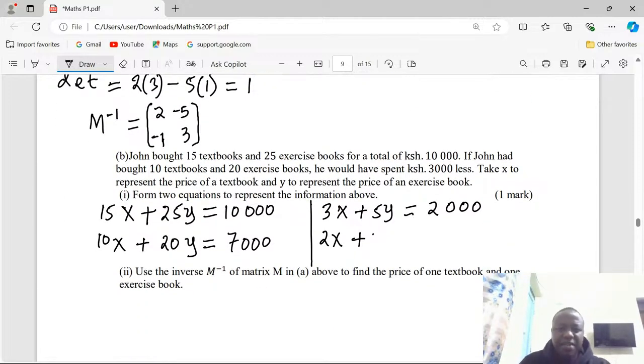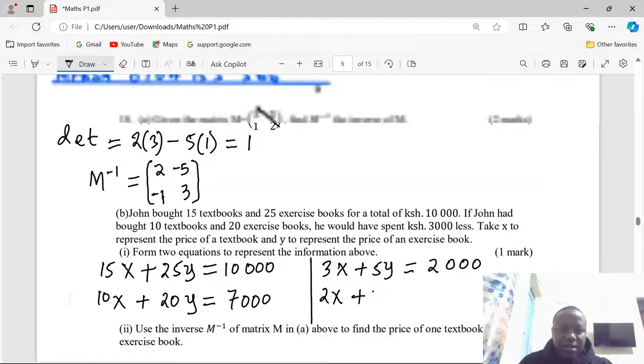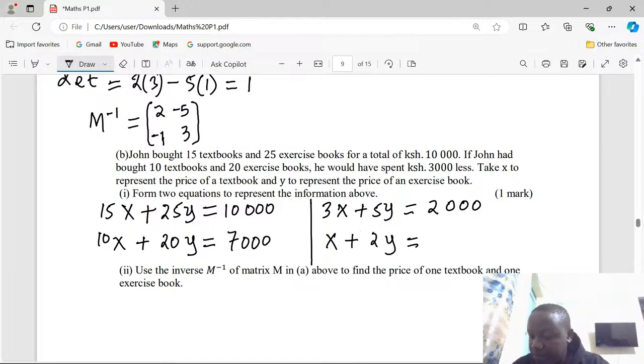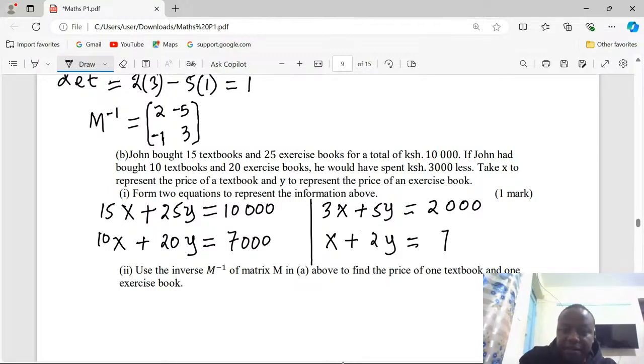No, it can simplify even by 10, sorry. 10 is a common factor for the second one. This will become x plus 2y being equivalent to 7,000 over 10, becoming 700. These are the equations simplified.